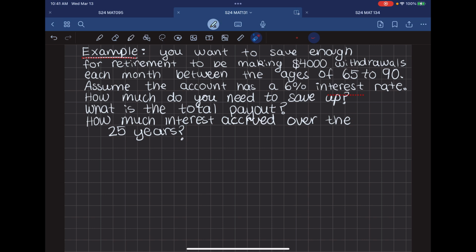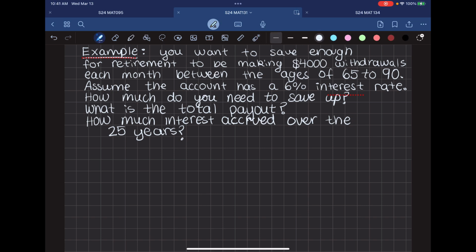And we want to figure out a couple of things. First, how much do we need to save up? We want to figure out what the total payout is. I'll discuss what that means when we're solving for it. And how much interest we accrued over the 25 years. So that's going to be a comparison between how much we put in versus how much we got out. FYI, how much we got out is going to be the payout.